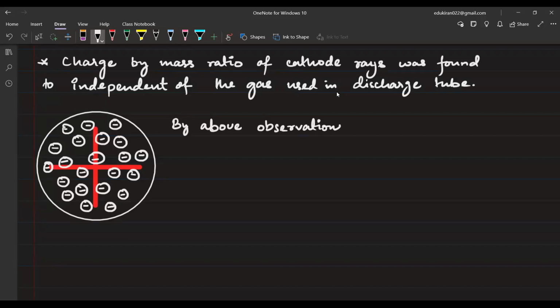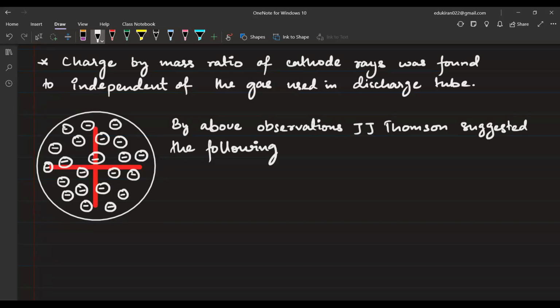Yes, sir. J.J. Thomson suggested the following.